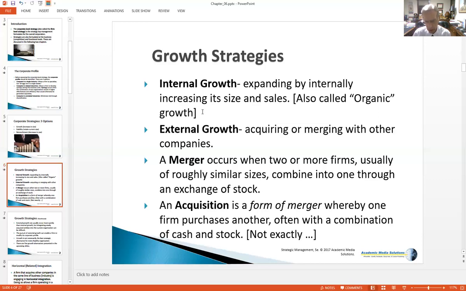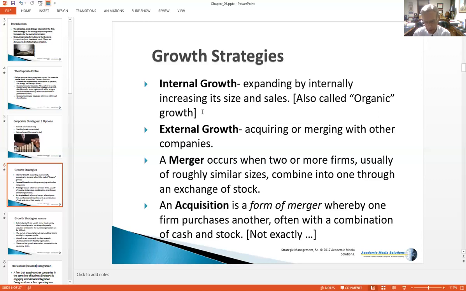Usually, frankly, one larger corporation is able to attract a smaller corporation because it can convince the smaller corporation, first of all, that its shareholders will benefit, but that company with its assets combined with larger assets, can accomplish even more than it could on its own.